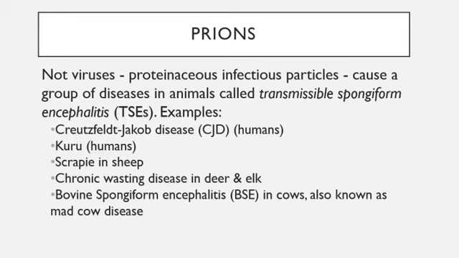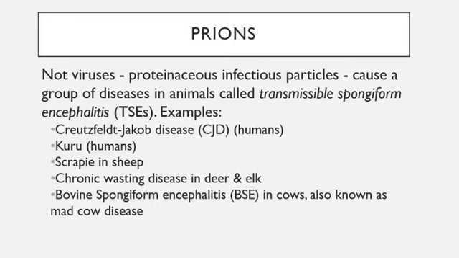The last category that we need to talk about is prions. These are really not viruses. These are proteinaceous infectious particles. Basically, proteinaceous means they consist of or contain proteins, and they cause a group of diseases in animals called transmissible spongiform encephalopathies, or TSEs.